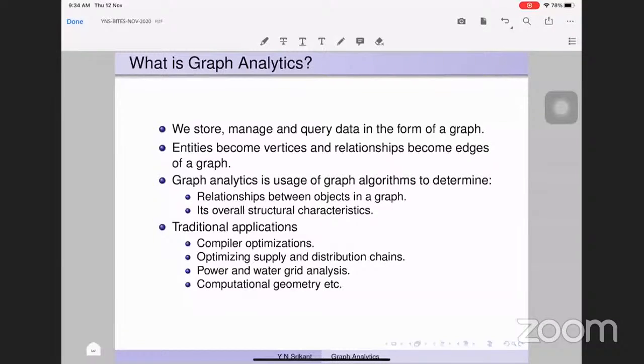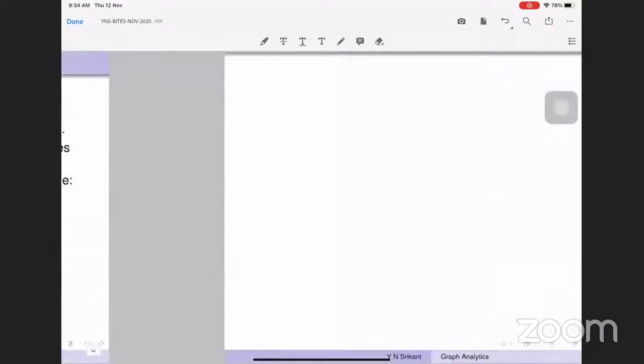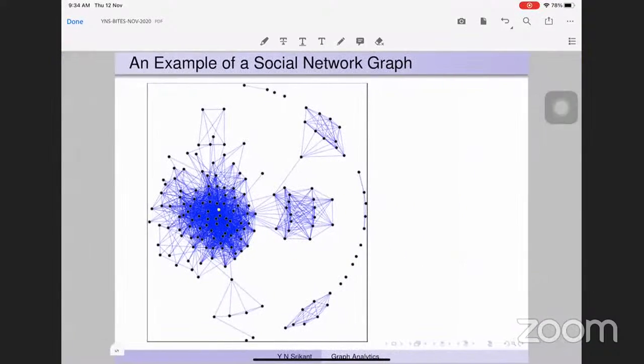So a graph in general is just a mathematical object in some sense, with vertices and edges. But when the semantics of real life are added to it, I will show you some examples.